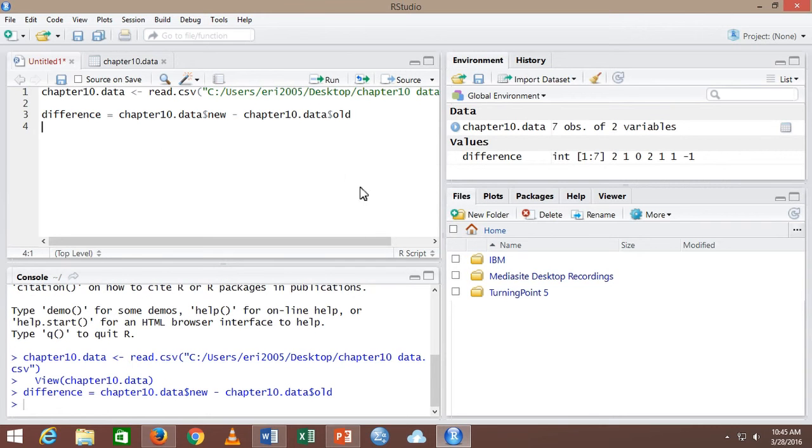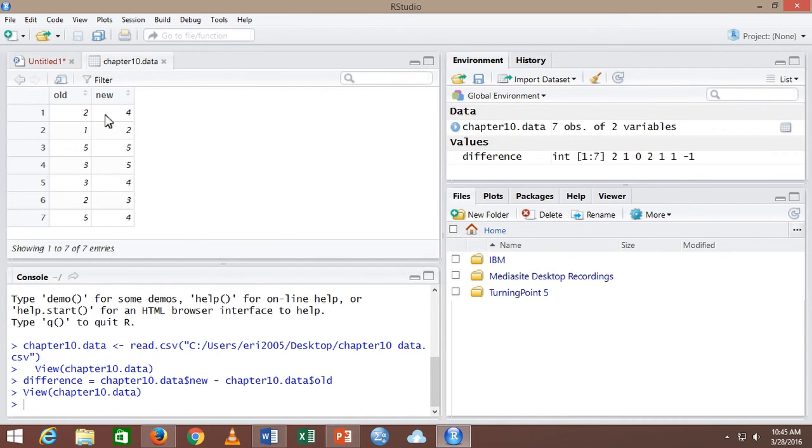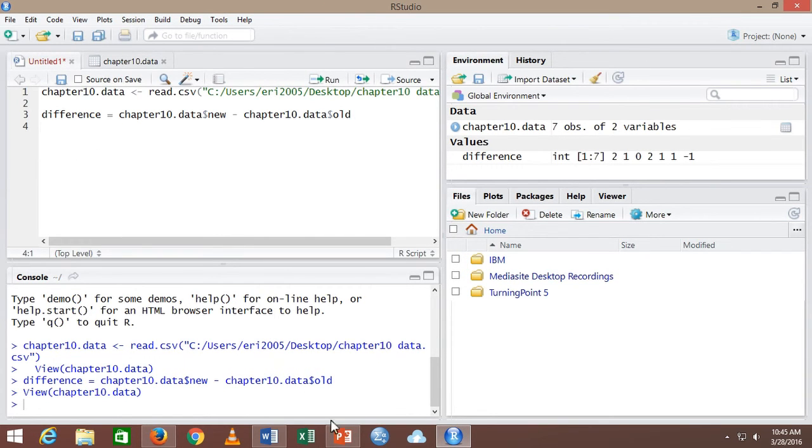This will subtract each person from themselves, and creates you a column of the differences. If you aren't sure about the order, you can always click on the data set to see it. I'm expecting new to be higher. So 2 minus 4 is going to be a negative number, so I want to make sure I do new first in this example.